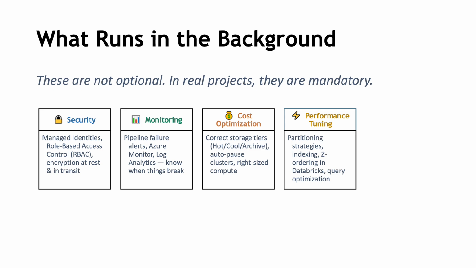These are not optional in a real life project. They are mandatory. But for now, I want you to focus on the core flow. If you understand the architecture deeply, you are already ahead of many beginners. Because most people directly jump into tools without understanding how they connect to each other.